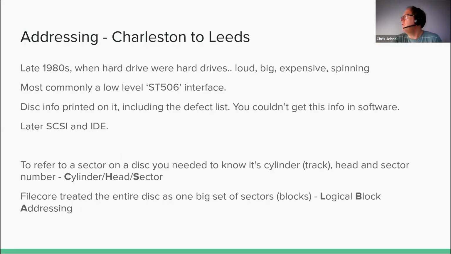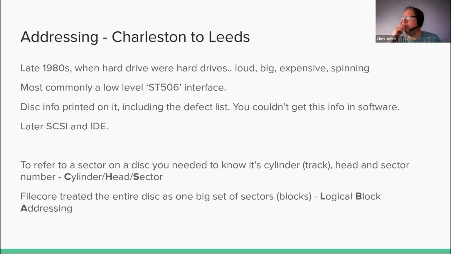I presume it wasn't actually rust, but accessed by heads that moved around, the whole thing spinning around. Initially, it would have been a low-level ST506 interface. I think the A540 had one of those. You could buy it for 300, 310 or whatever.